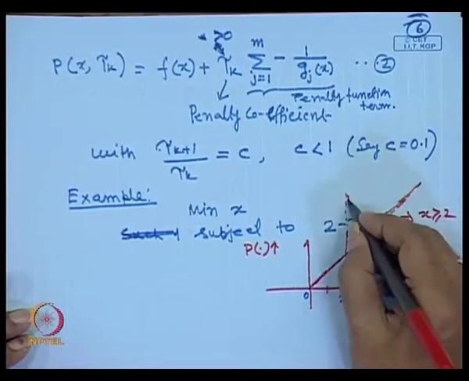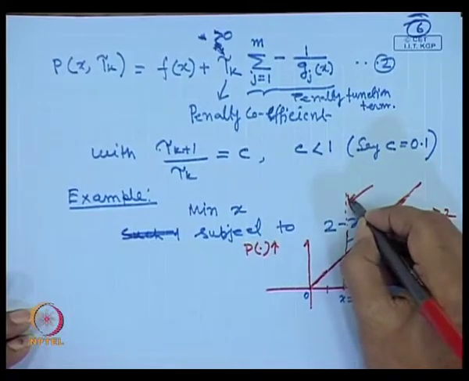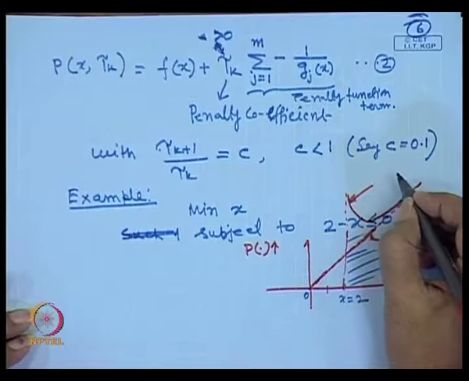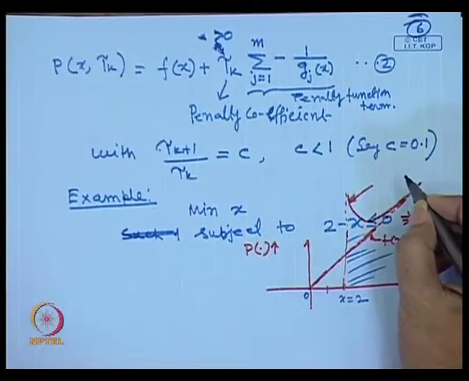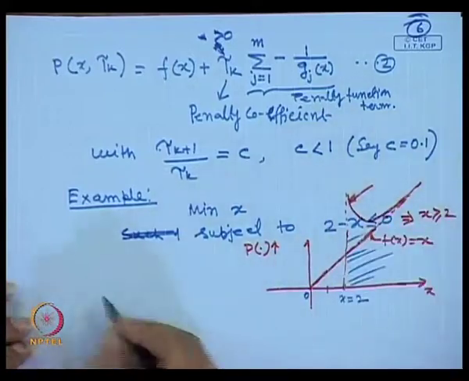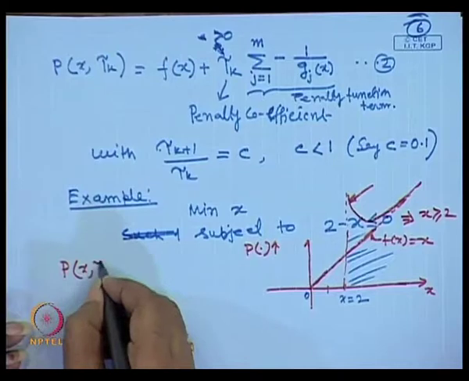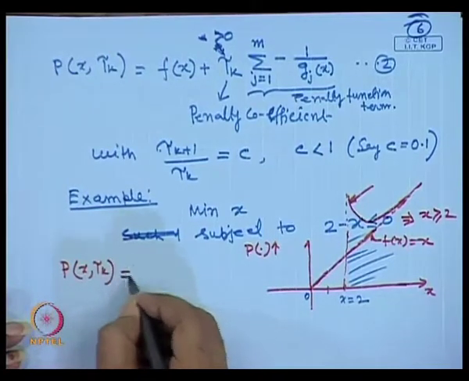So, the penalty term is small, and P of x, tau k will be nearly equal to f of x.